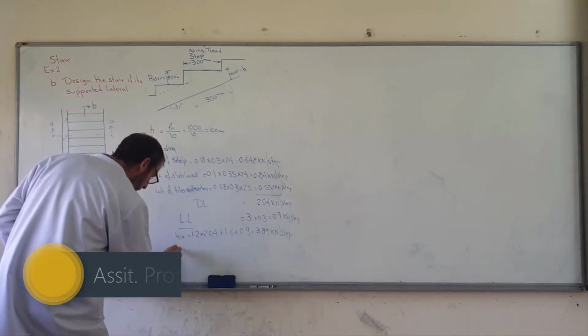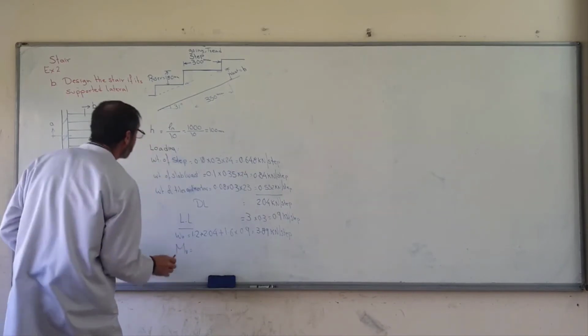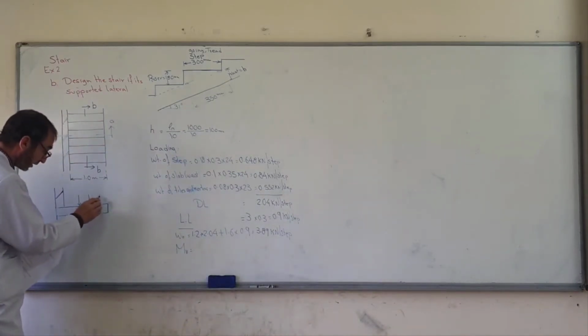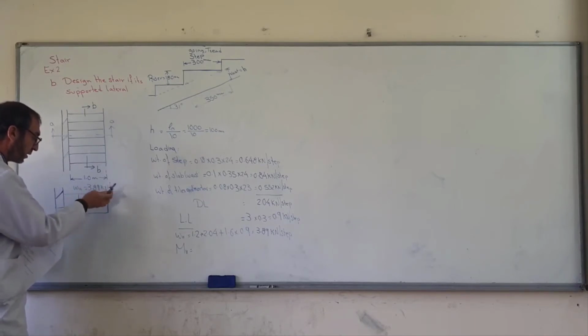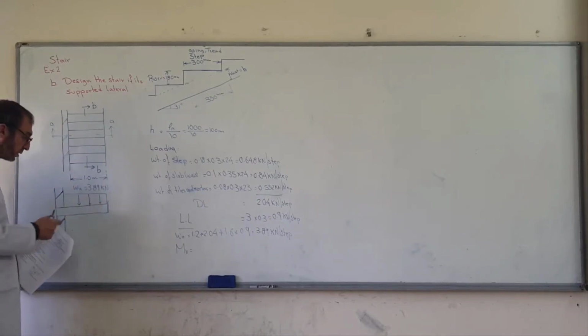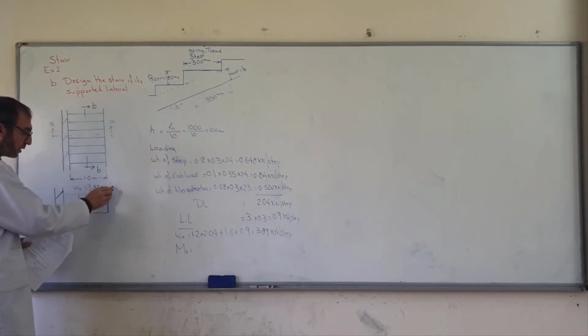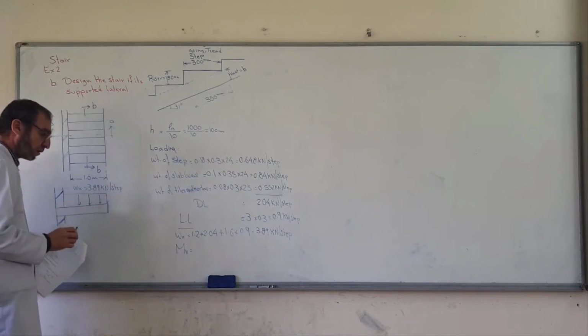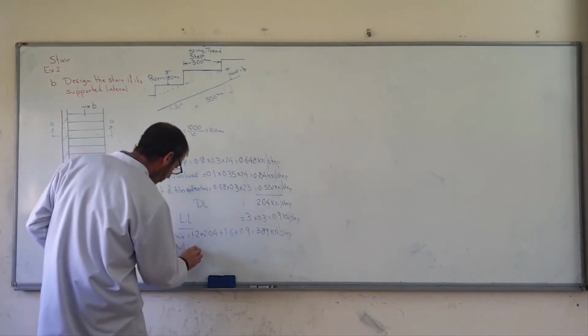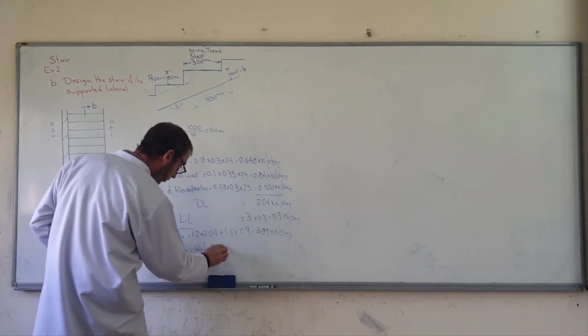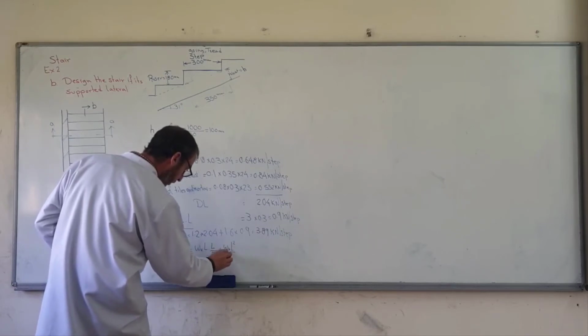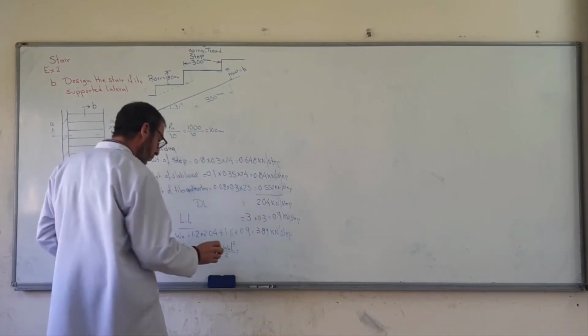Now I try to find the moment. The moment is equal to W, cantilever. The load W is equal to 3.89 kilo Newton per step. Each step is subject to 3.9 per step. This is a cantilever, so M is equal to W times L times L over 2, which equals W L square over 2.